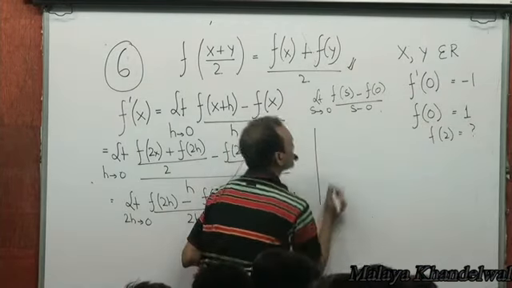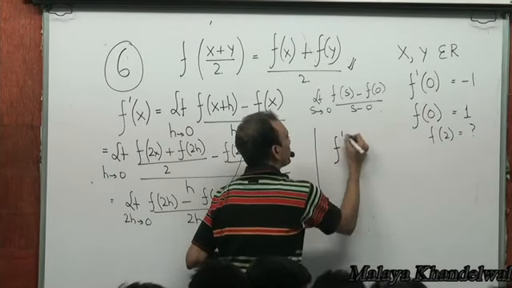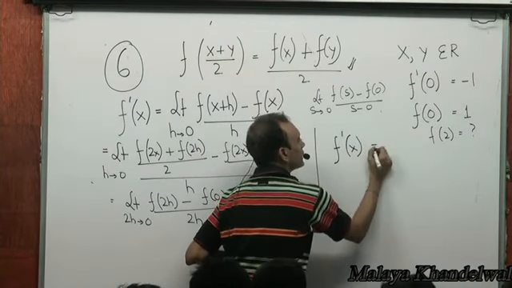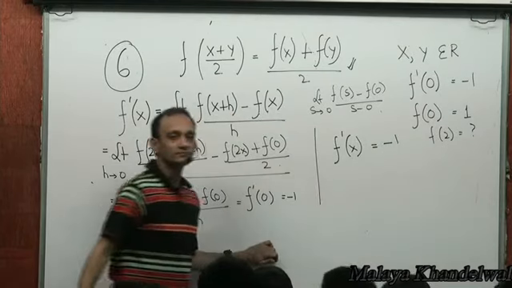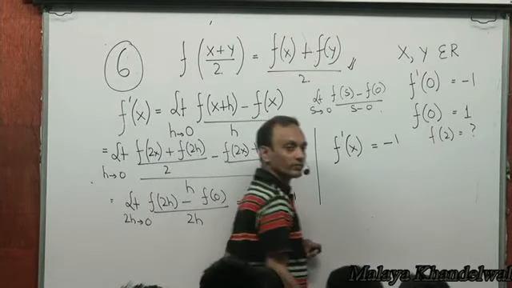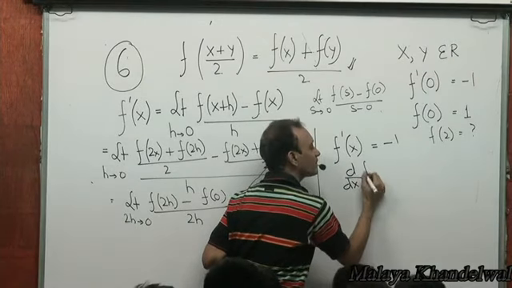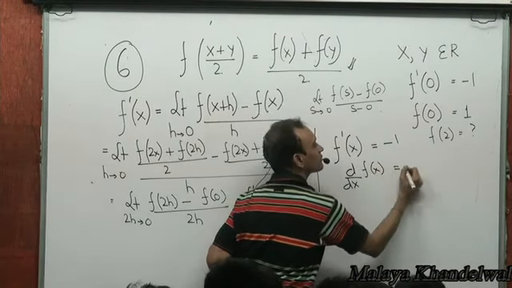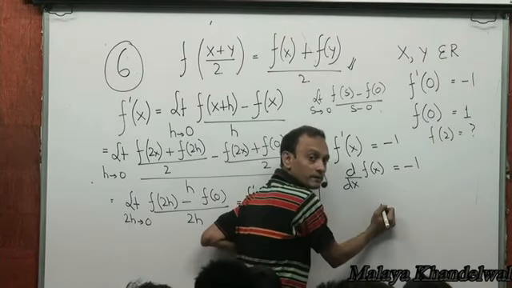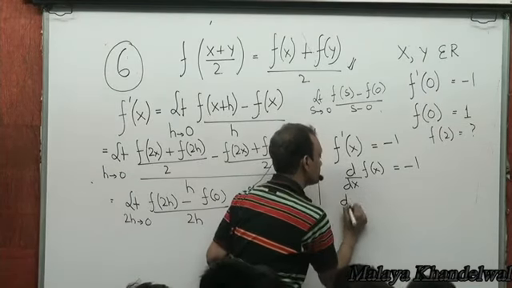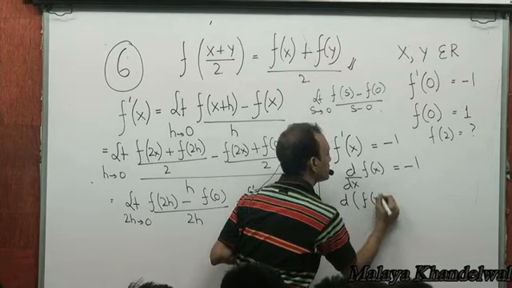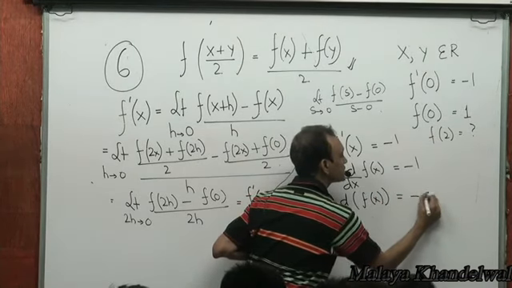Look at this. f dash x is minus 1. Alright. d/dx of fx is minus 1. Right? Kushal. d of fx is minus dx.